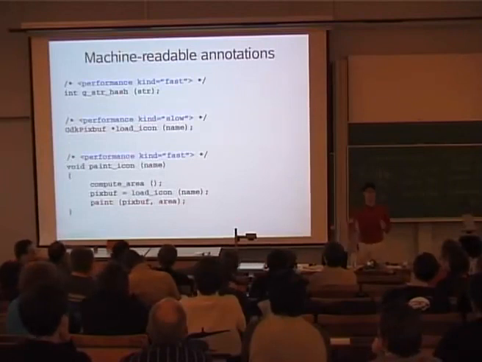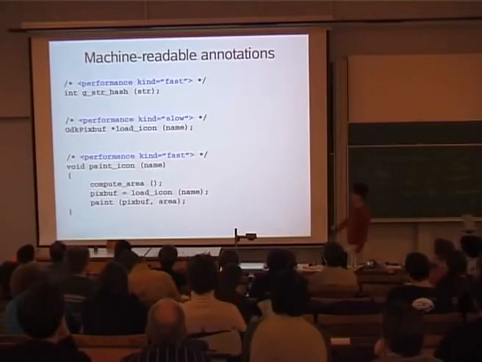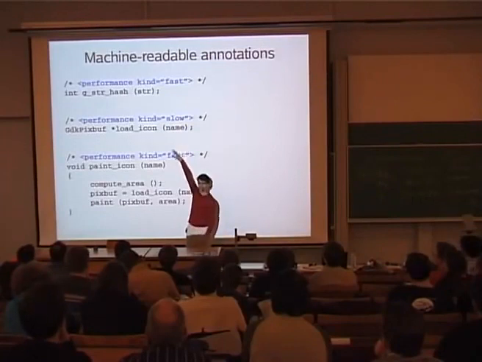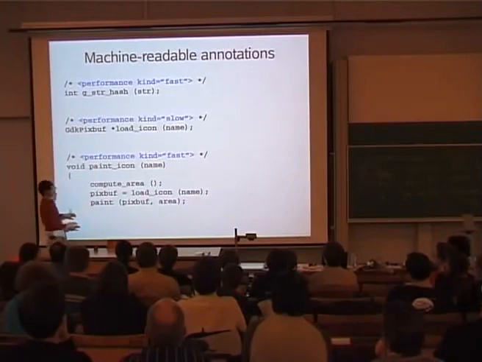What if we made these annotations machine readable? For example, what if we put some dirty little XML in front of each function declaration, then have a program read those? So this is like the header files installed in your system. Then you're writing your own code in your text editor.